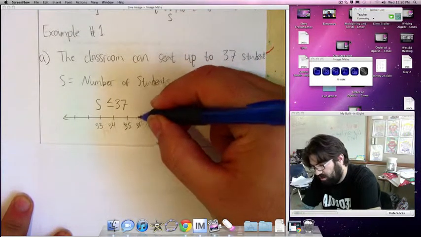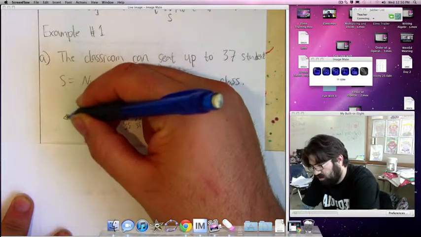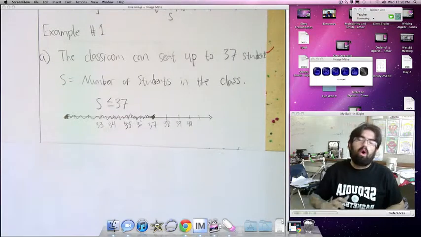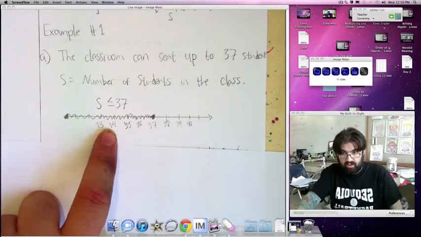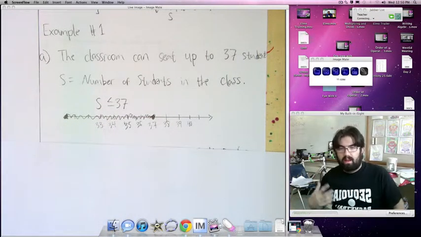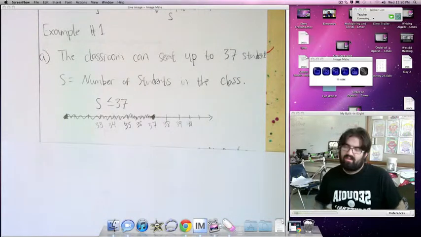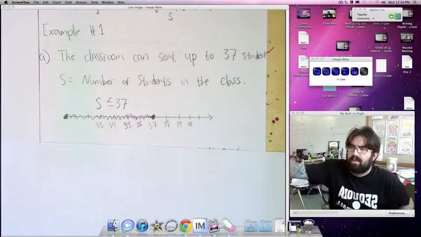And I'm going to draw my squiggly line. I'm going to use these arrows to draw. So all the numbers, the number of students that could possibly make this a true statement, 34 is less than 37, 33. You want numbers that are going to make it a true sentence. And that's your goal.